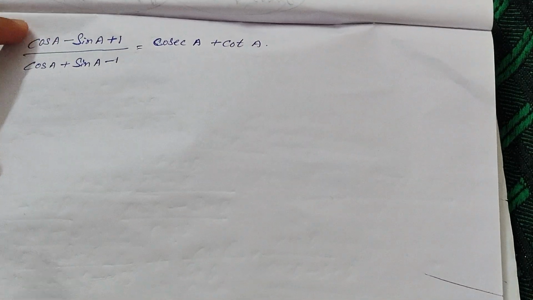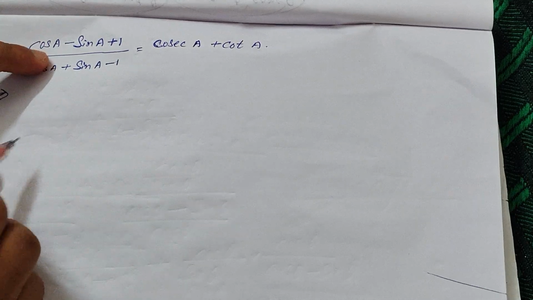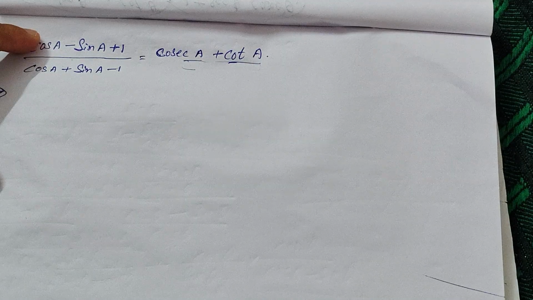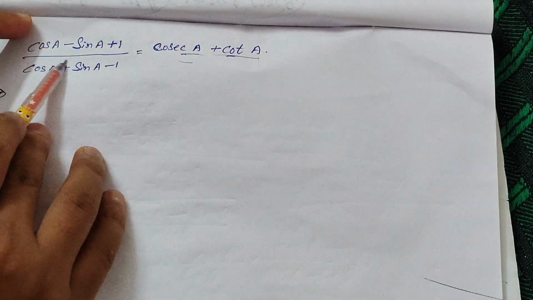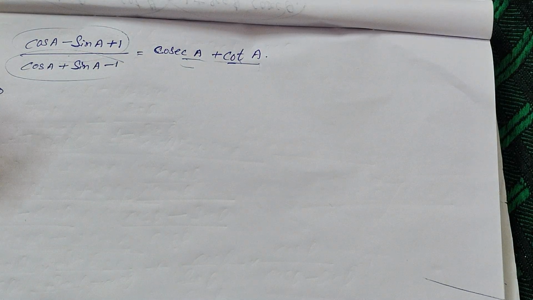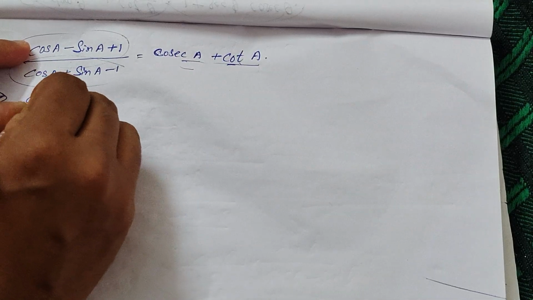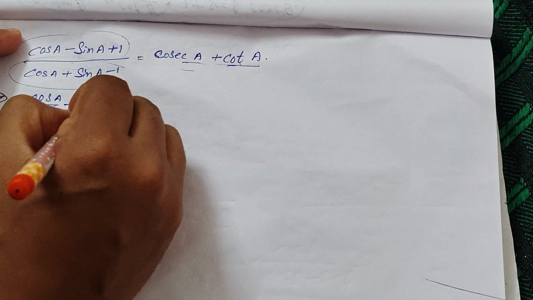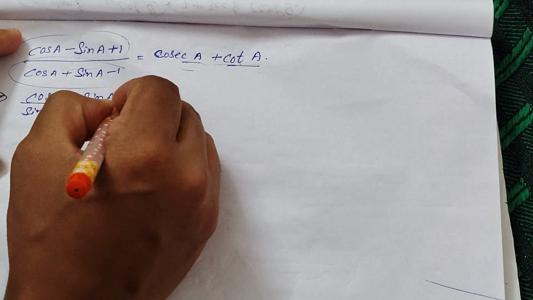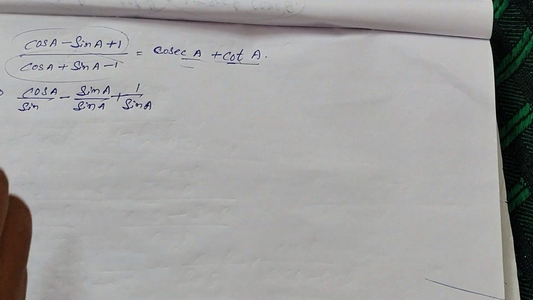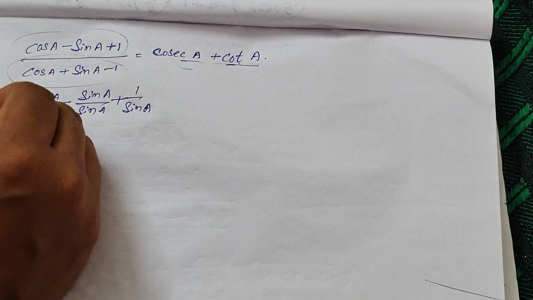Now at first, we have to change all these terms into cosec A and cot A. Usually what we do is directly write cos A by sin A minus sin A by sin A plus 1 by sin A. But no one will tell you why we are dividing by sin A only, why not other terms.